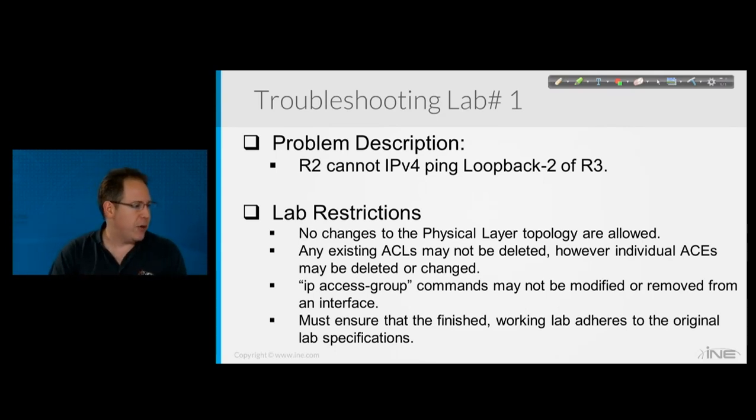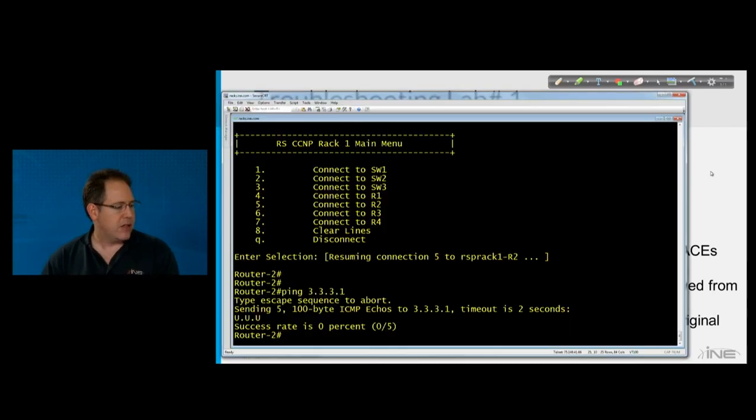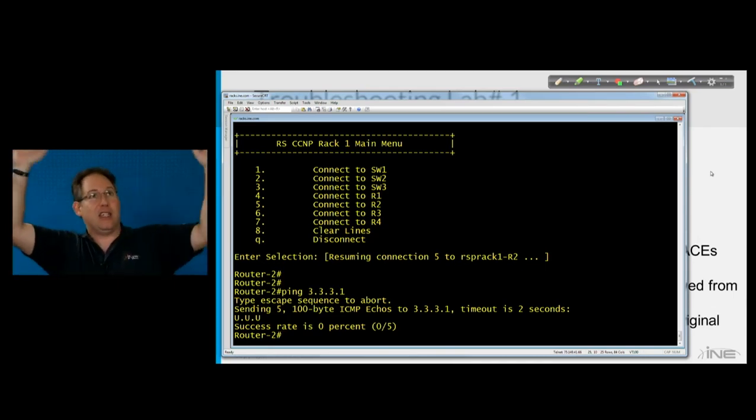Okay, so we know that we can't ping the loopback of router 3. So the way I'm going to go through these labs is when it comes to troubleshooting, there's a lot of different ways to troubleshoot something. There's no one correct way. Just like there's a lot of incorrect ways to troubleshoot. For example, if I can't ping, if I all of a sudden throw up my hands in despair and say, oh, the sky is falling, the sky is falling.